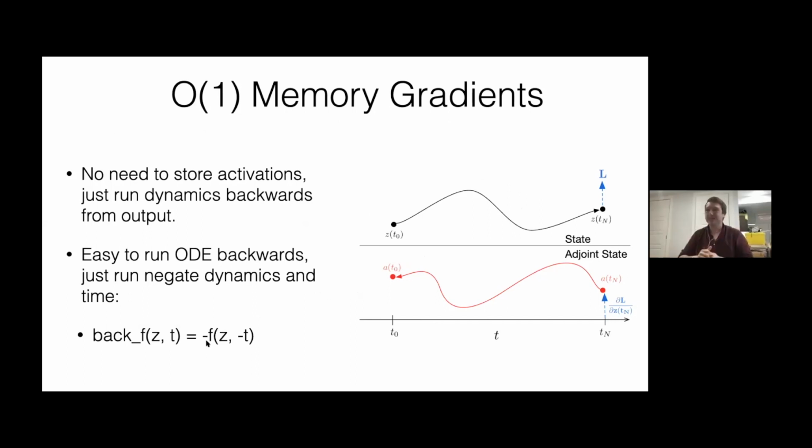Well, that's the beauty. So yes, for the earlier work that was constructing reversible neural networks, they had to make every layer invertible, and that was a big restriction. The beautiful part about the ODE setting is that to invert the ODE, I only need to negate the instantaneous dynamics. So this function doesn't have to be invertible or have any nice properties except for it just to be absolutely differentiable.